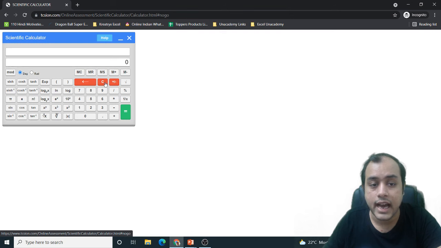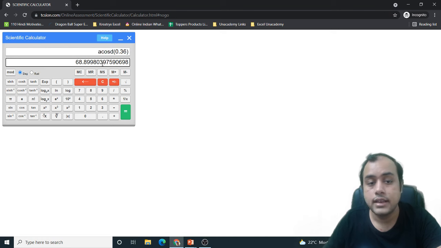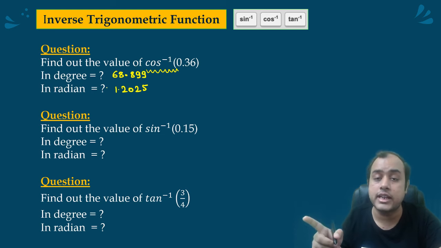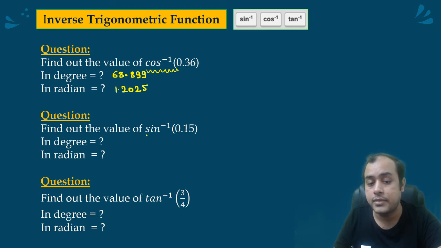No. I'll have to do it again. 0.36 cos inverse. See, it is writing D and R. D means degree, R means radian. 68.899. So that means you have to do the entire calculation again. You can't directly jump from degree to radian.